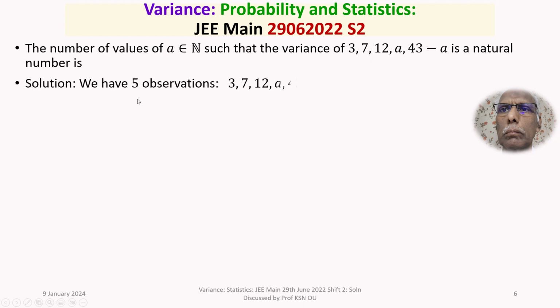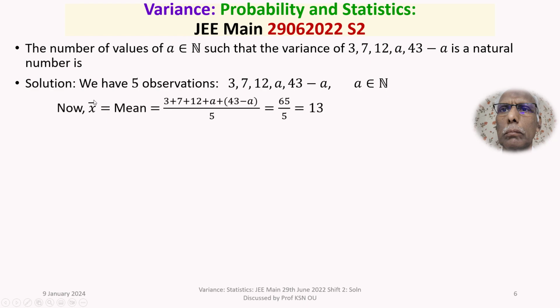We have the given data, these 5 observations: 3, 7, 12, A, 43 minus A, where A belongs to the set of natural numbers. Its mean, denoted by x bar, is the sum of the observations divided by the number of observations.